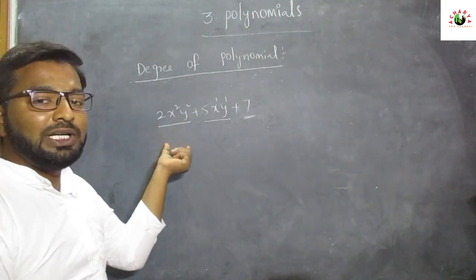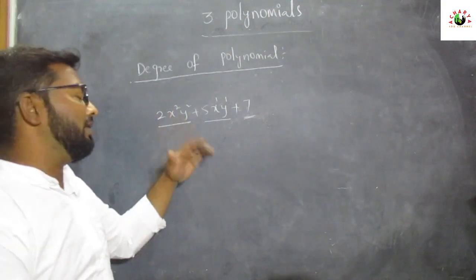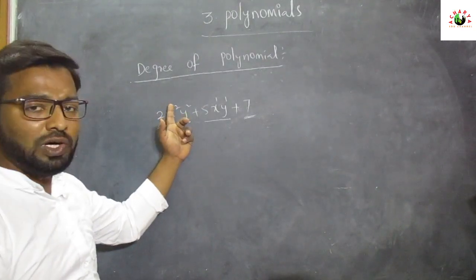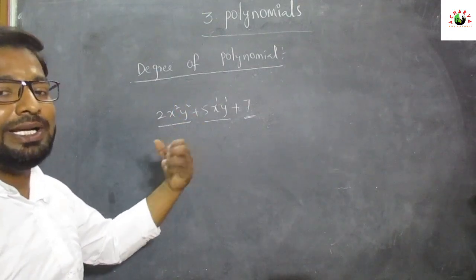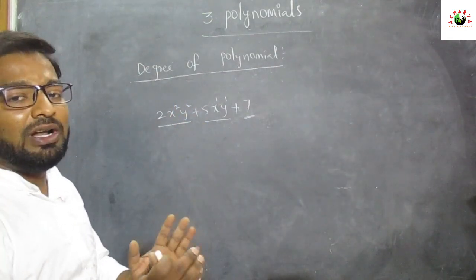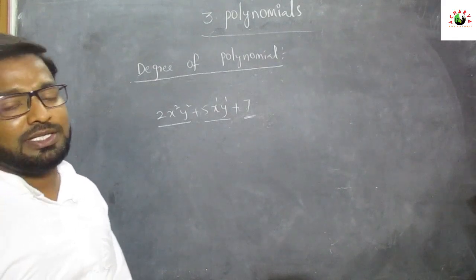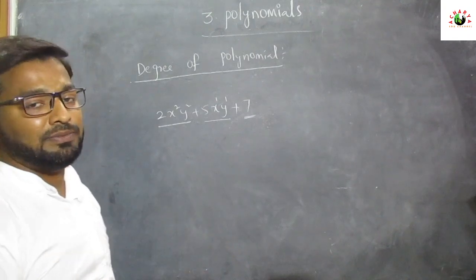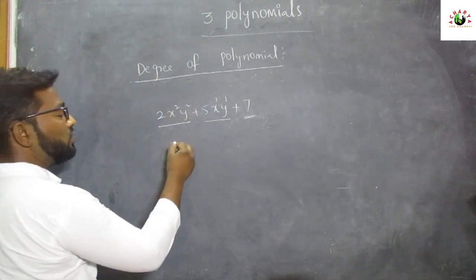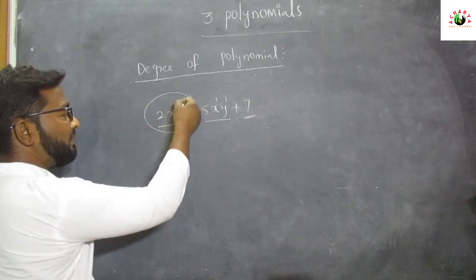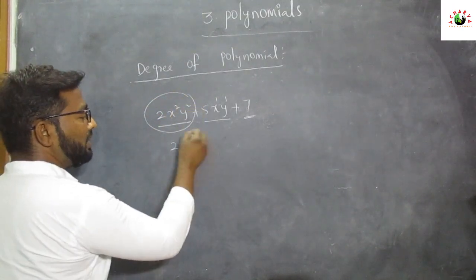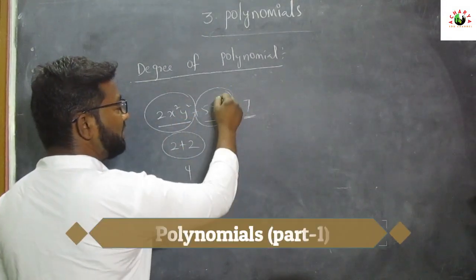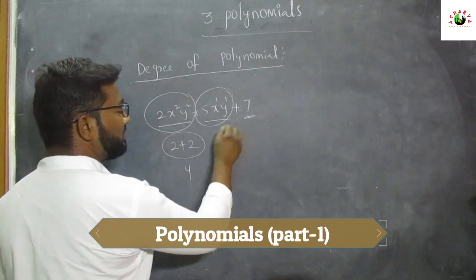If in one term there are different variables, the degree is the sum of the powers of the variables in that term. In 2x square y square, the x power is 2 and the y power is 2, so the degree of this term is 4. In 5xy, x power 1 and y power 1, so the degree is 2.